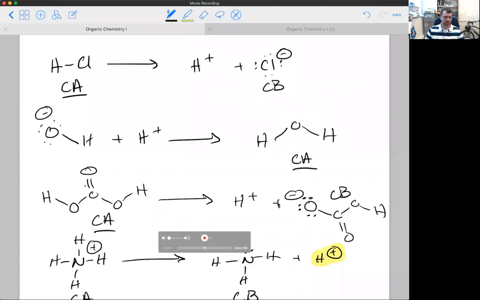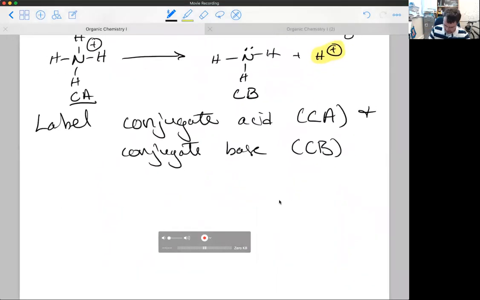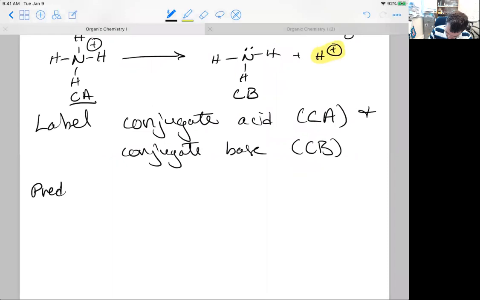Okay, so we have our screen back in front of us. Sorry, I just think this is important enough. Predict the Cb, or Ca, really. Let's get into bond line structure mode here.